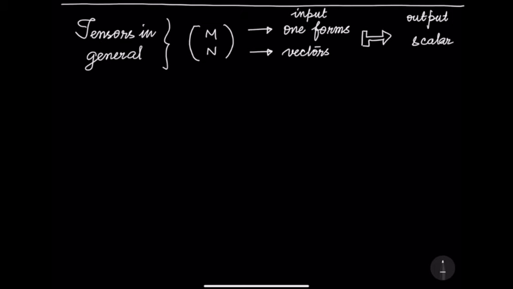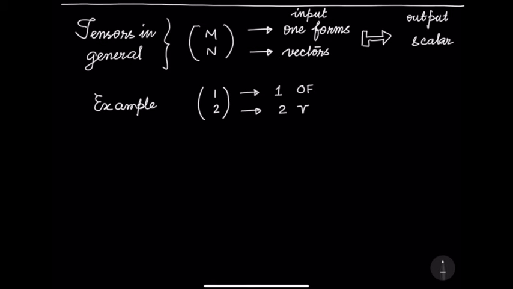Right? Example, we'll take an example of this type of a tensor. It will take one form and it will take two vectors.